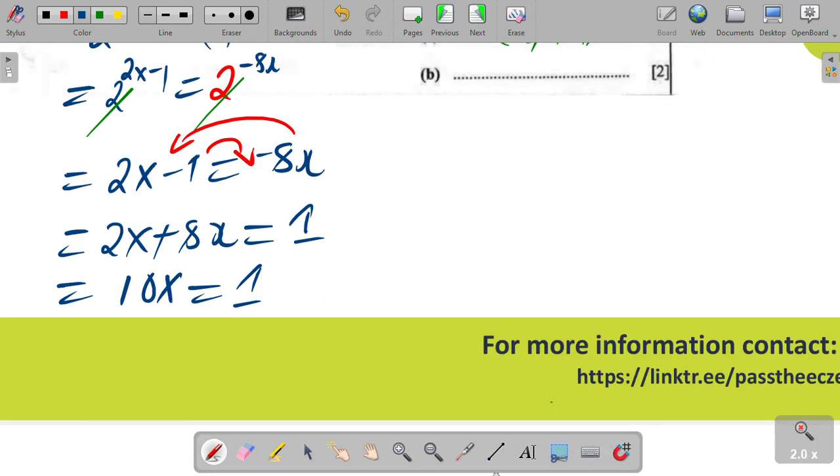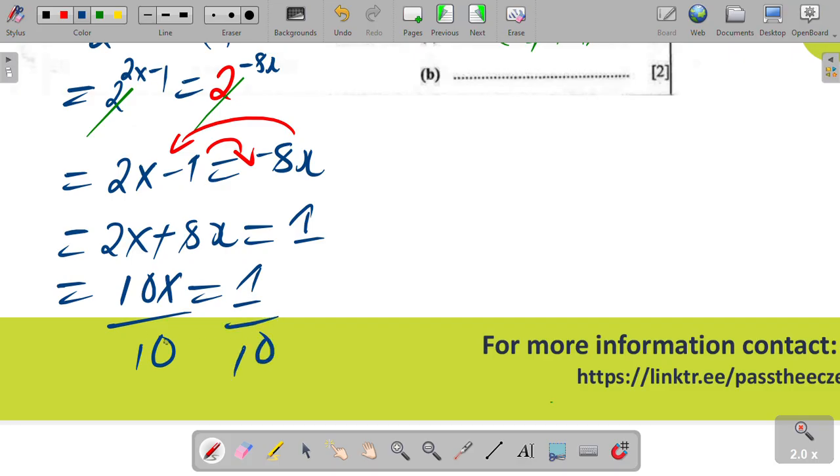Here we are looking for x, so we can divide both sides by 10. Both sides by 10. And we can now cancel. 10 we cancel there. We remain with the x here. So we write x is equal to 1 over 10.